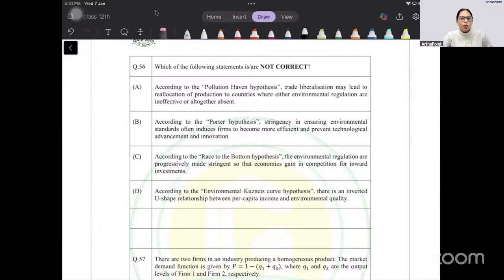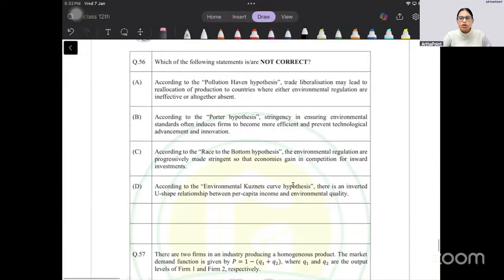Okay, next question. Question number 56. Which of the following statements is or are correct? Go ahead, answer it in the chat. According to pollution haven hypothesis, trade liberalization may lead to reallocation of production to countries where either environmental regulation are ineffective or altogether absent.